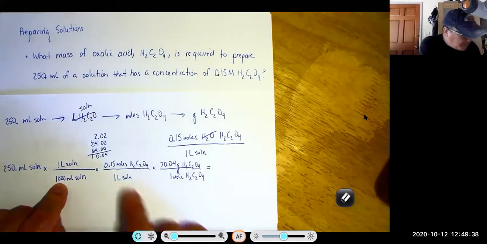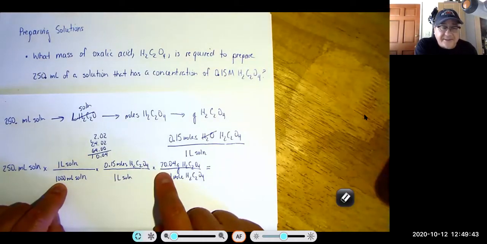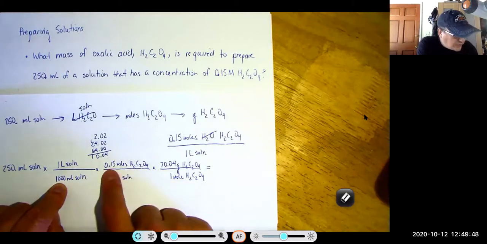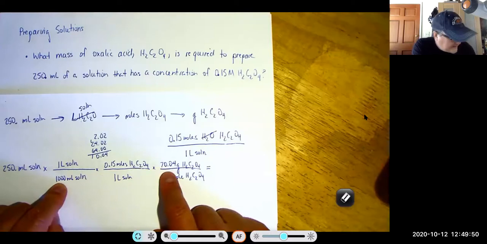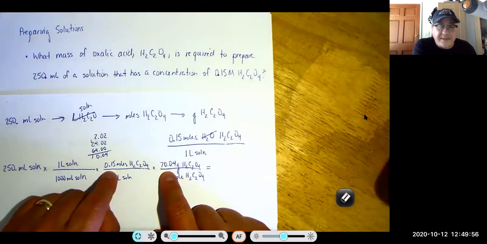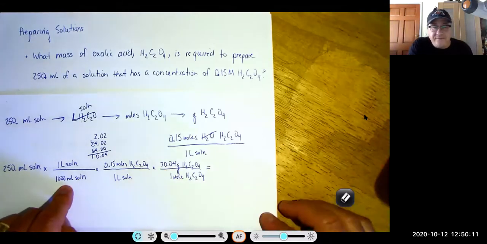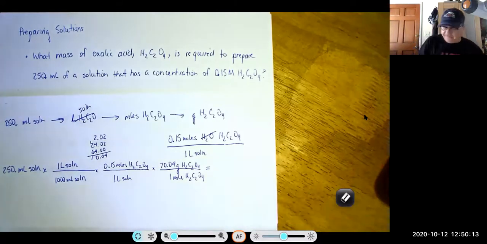I'm going to do 0.15 times 70 because I know 0.1 times 70 is 7. I know 0.2 times 70 is 14. And since 0.15 is between 0.1 and 0.2, my answer should be halfway between 7 and 14. And halfway between 7 and 14 is roughly what? 10, 11? So 10 or 11 divided by 4 gives me 2.5, roughly, for an answer.